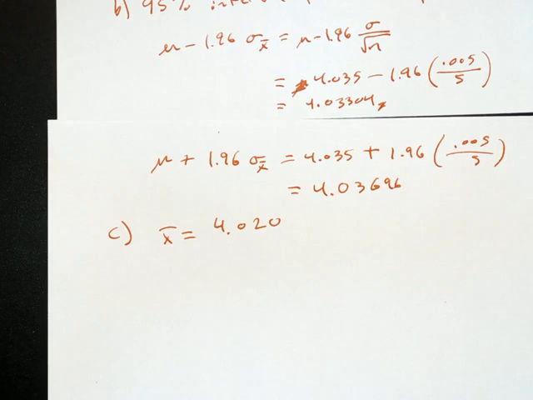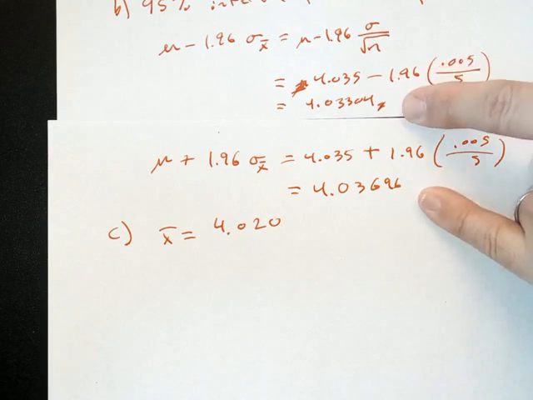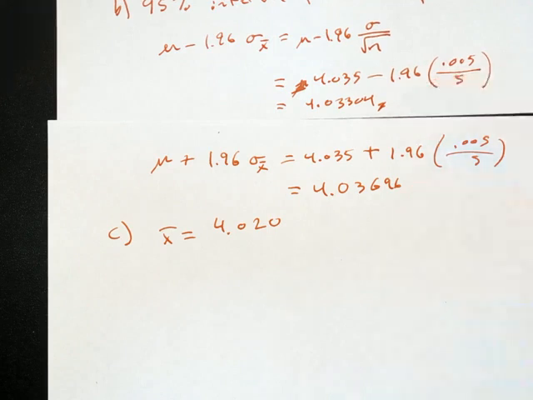This is where having a number is useless information unless we can make a decision off of that number. So if I see an average measurement of 4.02, and I say to myself, wait a minute, 95% of the time, it should be between 4.033 and 4.037, something's messed up. And I don't mean a little messed up, I mean really messed up.